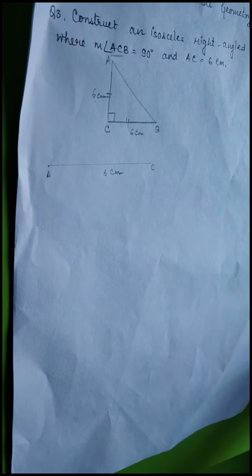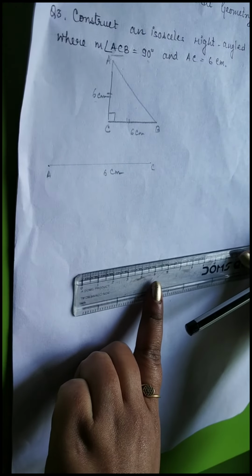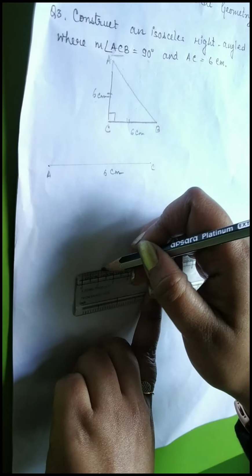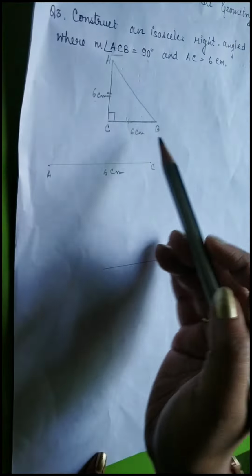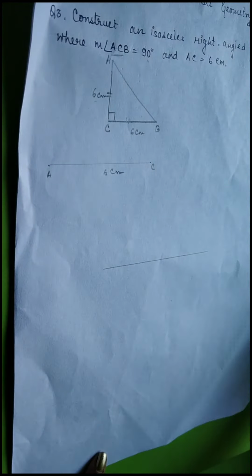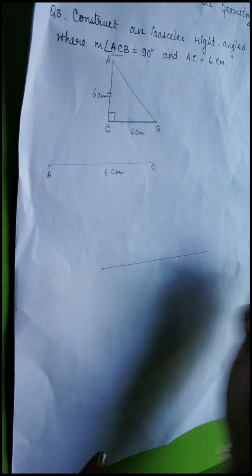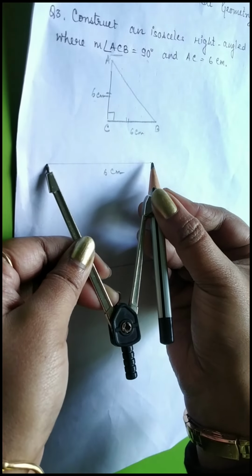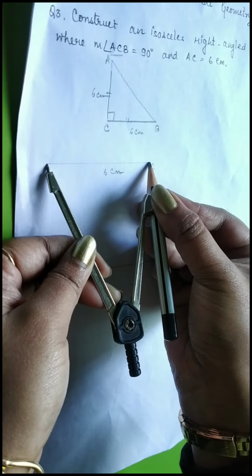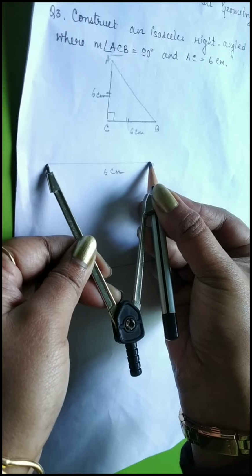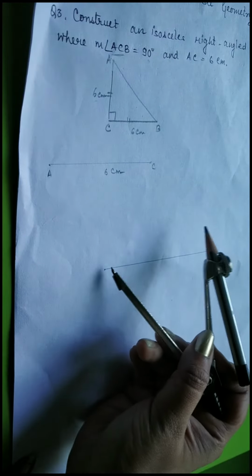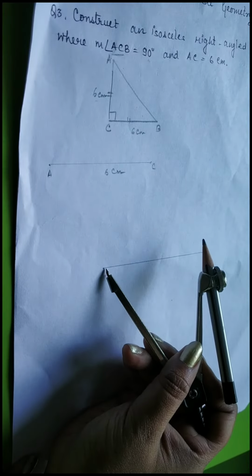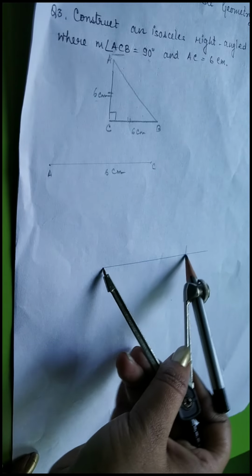Now we'll take any measurement to do the construction. We'll take any measurement at the base. According to the rough figure we have 6 centimeter at the base, so we'll just take the measurement of 6 centimeter, place the needle of the compass at this dot, and cut it.